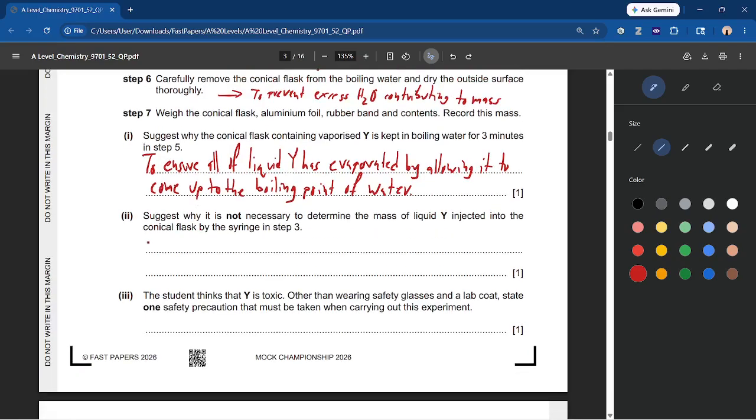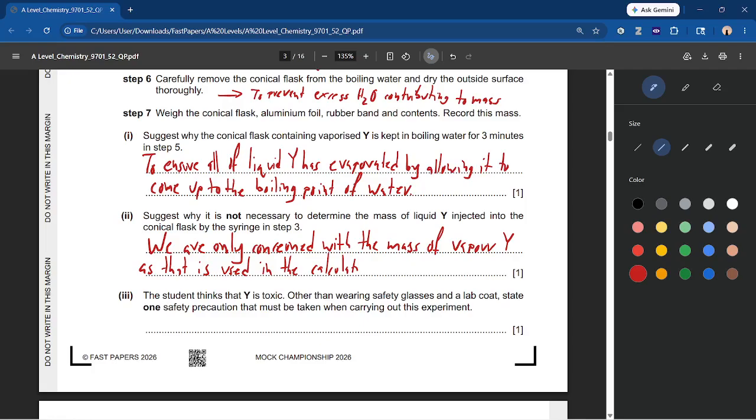So again, we're going to write down, we are only concerned with the mass of vapor Y, as that is used in the calculations.